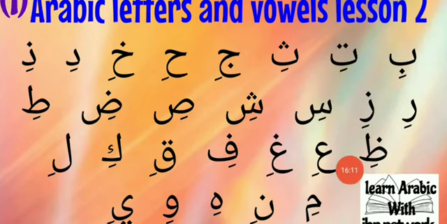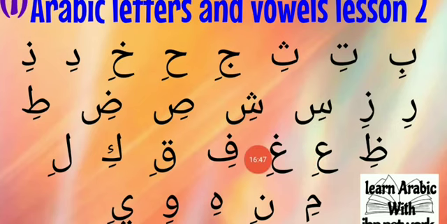Here we have ain together with kasra, so we say ain kasra i. Here we have ghain together with kasra, so we say ghain kasra ghi, ghain kasra ghi.